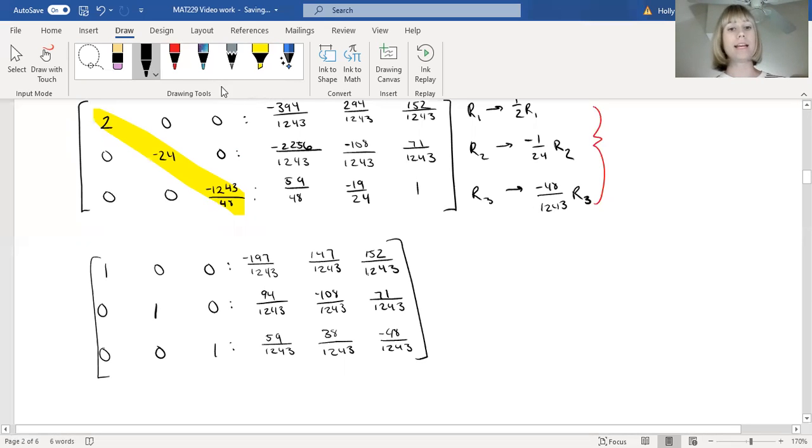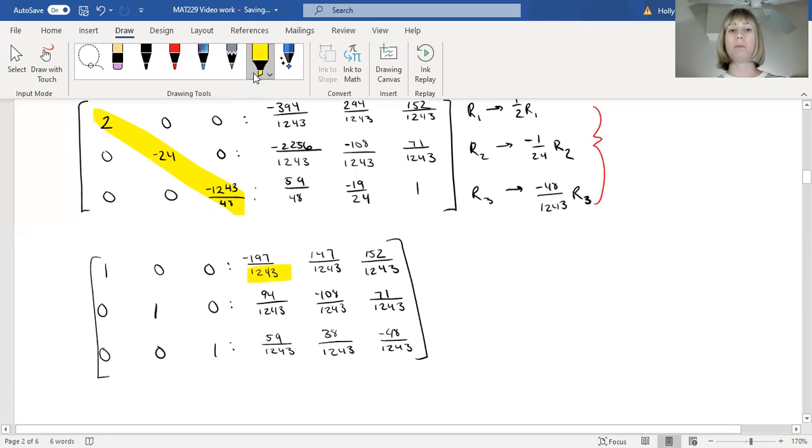Okay, so next step is let's just take a look at this right side of our Gauss-Jordan elimination system. Notice that we have a common denominator, right? We have a common denominator of 1243, meaning that we can take out 1 over 1243 because that's a common factor. By taking that number out, 1 over 1243, excuse me, is going to be our determinant, okay?